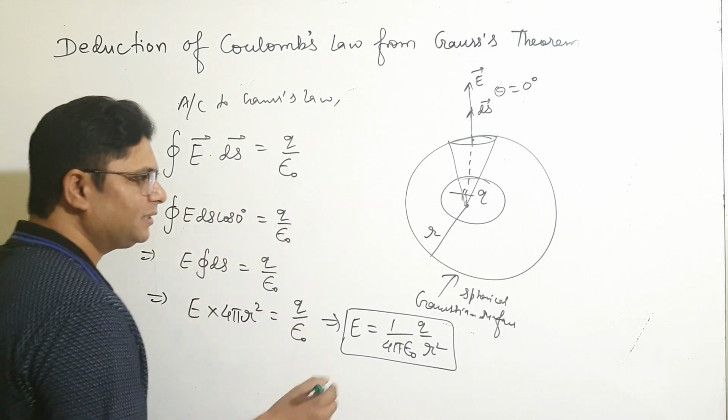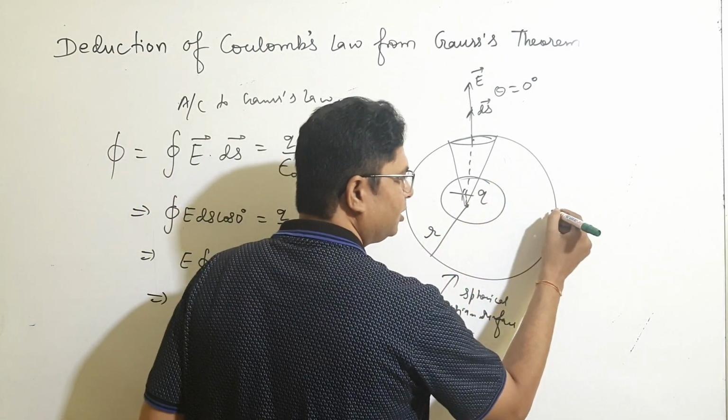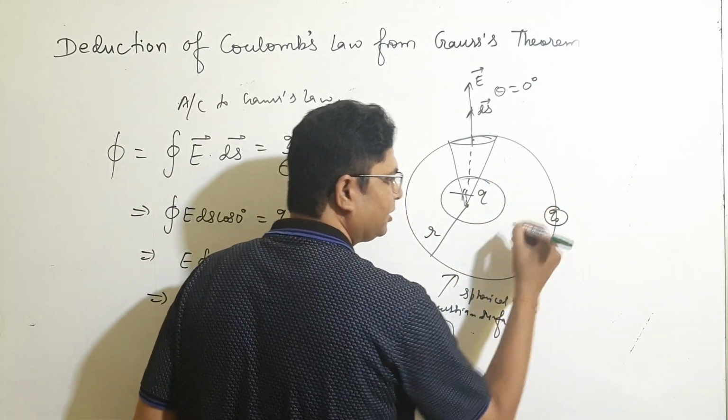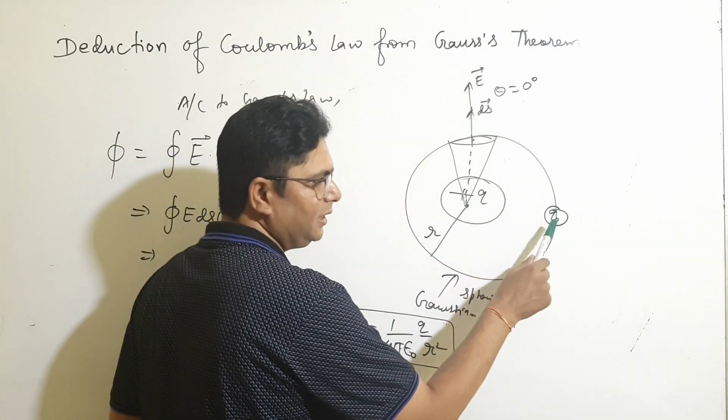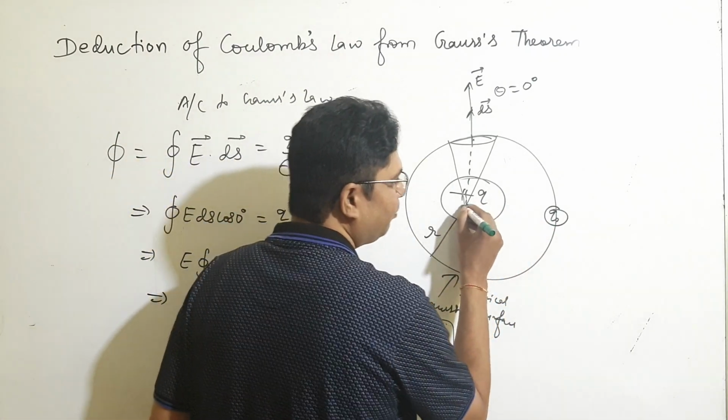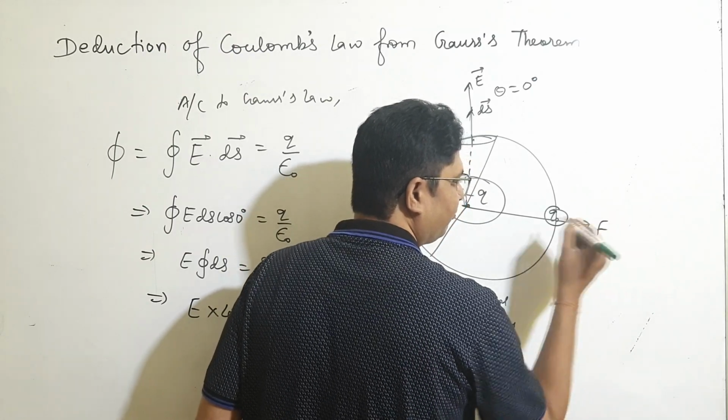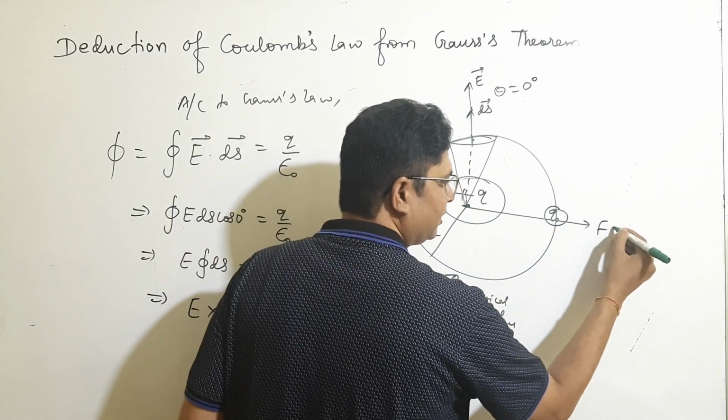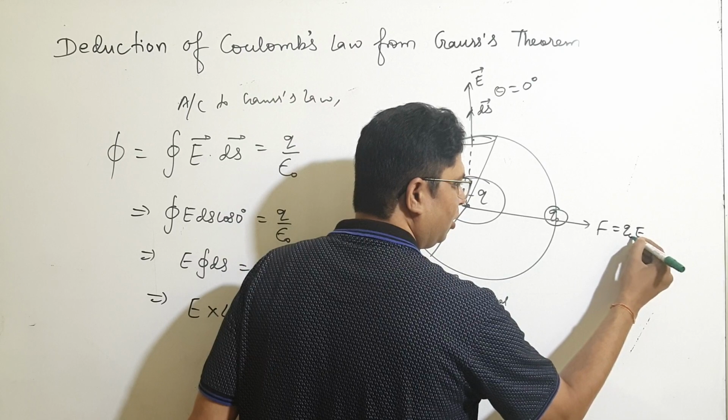Now let us place a charge here. This is known as Q naught charge. Then this charge and this charge will repel. This repulsion produces a force F, and force F is equal to Q naught into electric field.